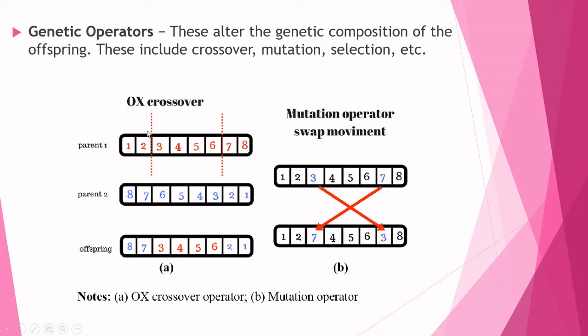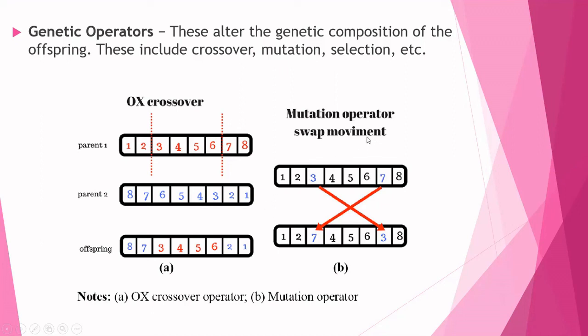Here we have two-point crossing, with 1, 2, 7, 8 from one parent. The second child gets 8, 7 here. The 3, 4, 5, 6 would come in place of 6, 5, 4, 3, and 2, 1 would be common. That means 3, 4, 5, 6 are coming and being stored here. That's why the offspring has 8, 7, 3, 4, 5, 6, 2, 1.